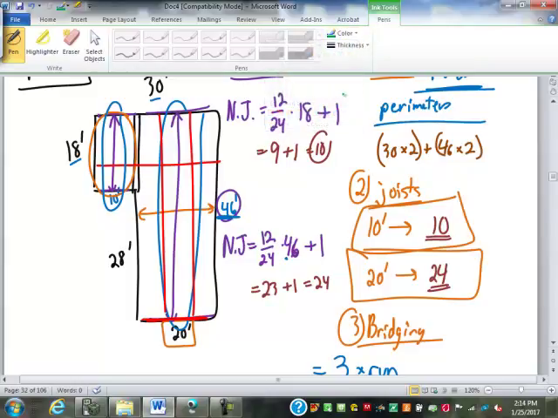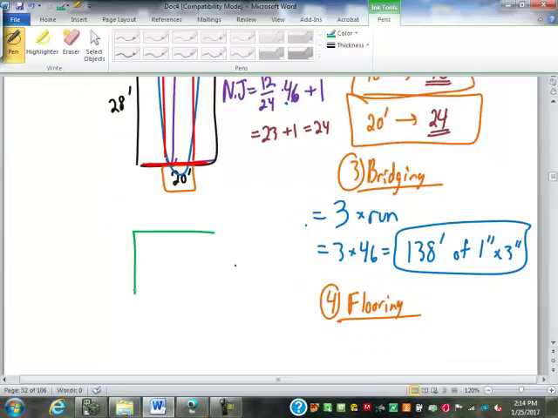Remember, for flooring, the sheeting for the flooring is just a matter of area. I'm going to go ahead and do this as 2 pieces. This piece here is 20 by 46. This piece here is 10 by 18.